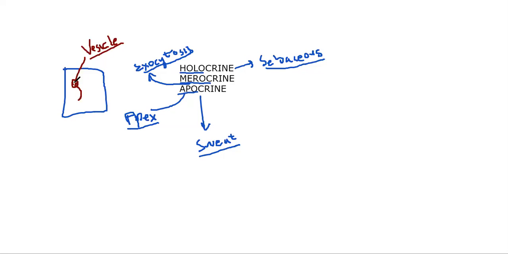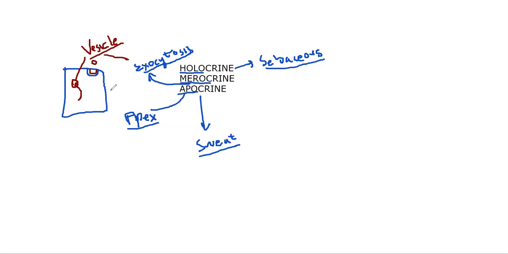Then the vesicle will attach to the cell membrane, right? And then the cell membrane will wrap around the vesicle, right? And then it will eventually release this vesicle. So the vesicle will be pushed out by the cell membrane. This process of pushing out the vesicle, we call it what?